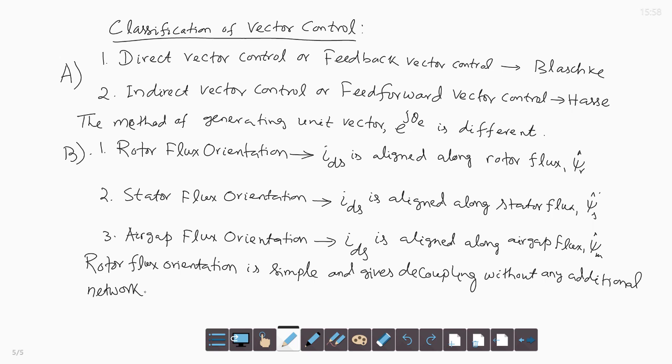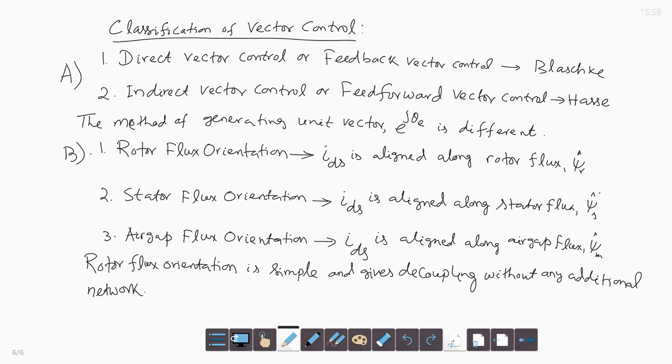Whereas the other two methods, stator flux orientation and air gap flux orientation, are more difficult to implement and decoupling is not straightforward, so an additional decoupling network is used there to give the decoupling of the flux and torque.